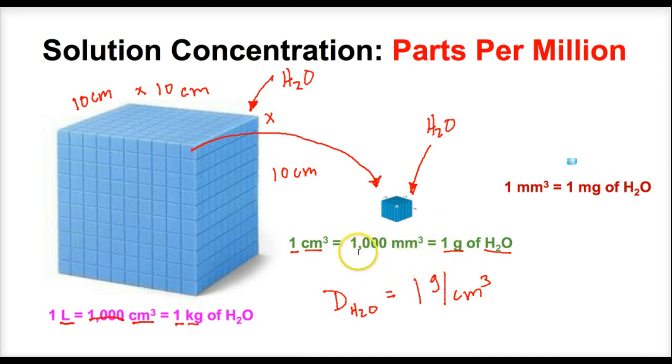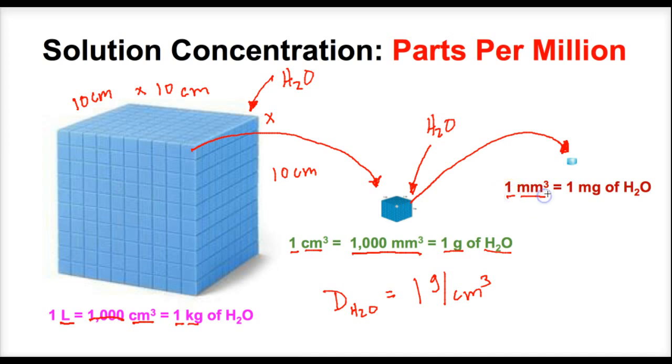What's also important to understand is that there's 1,000 even smaller units that make up a cubic centimeter, and those are called cubic millimeters. If I were to pull out one of these tiny little cubic millimeters and place it right here, it might look something like this. I've blown this up a little bit just so you can see it. In fact, it should be quite smaller than this. But this right here represents a cubic millimeter.